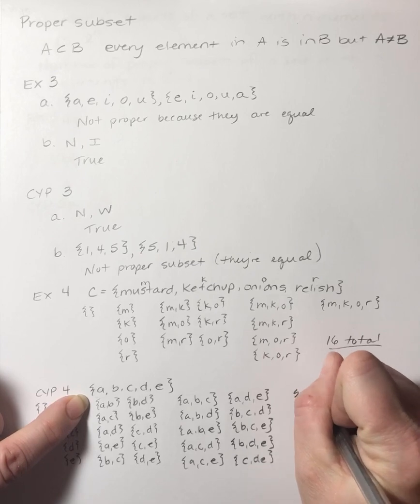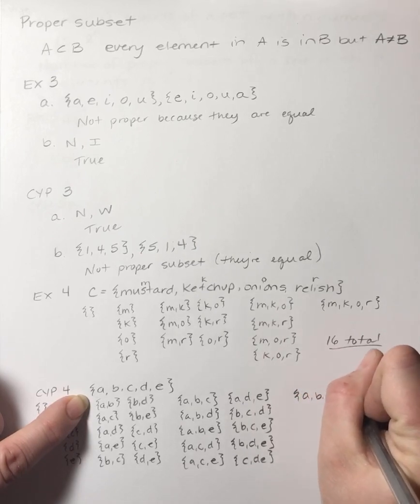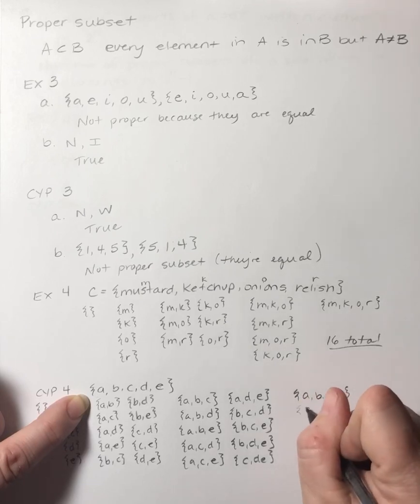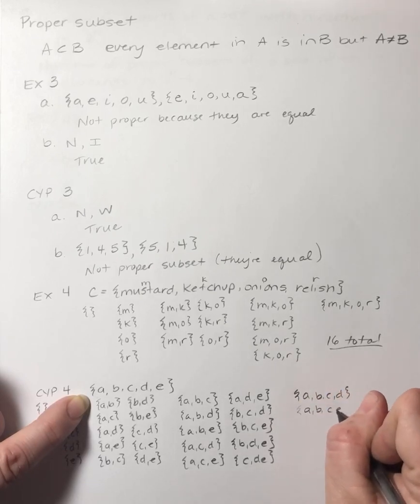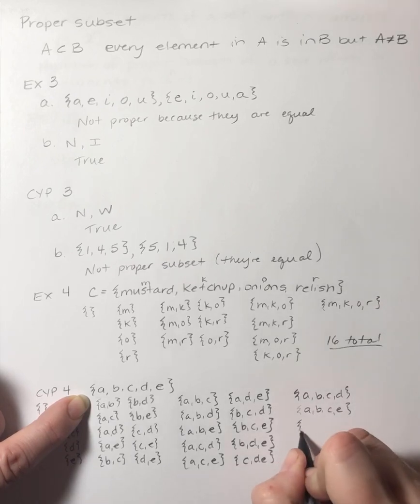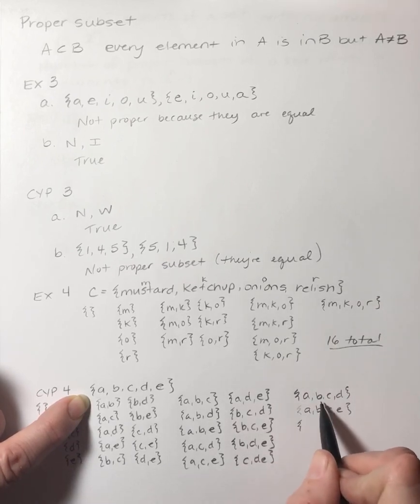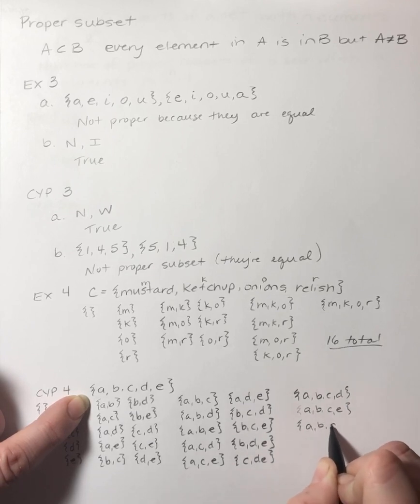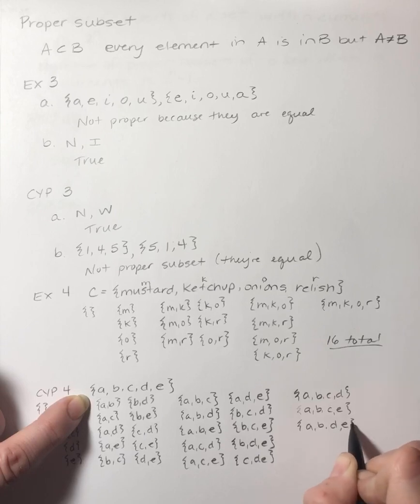So I've got A, B, C, D, or A, B, C, E. Then I had these 2 first, so then I'm going to do A, B, D, E, because that would change.